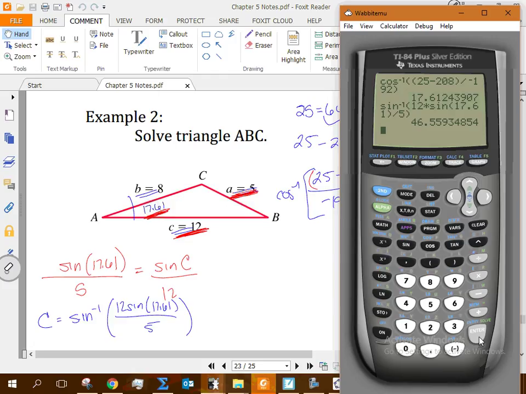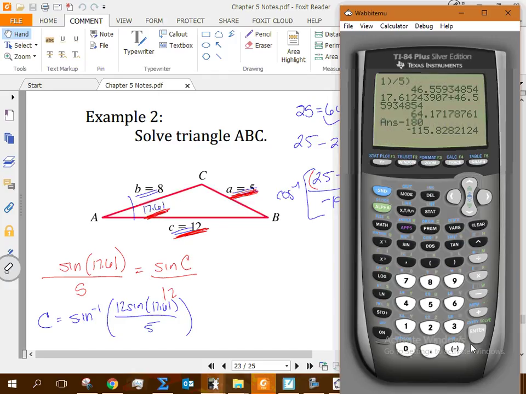46, right? So if that's 46, that makes angle B over 100 degrees. Does that make sense? Can that be true? Why? Well, those three numbers are still out. So what I'm doing, I would take that number plus that number, remove that from 180, and it'll give me that number.